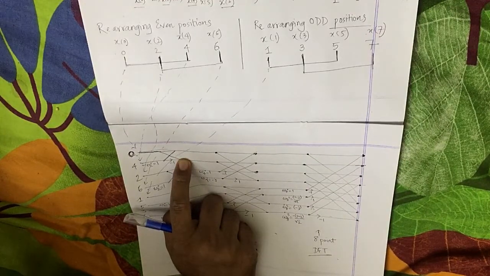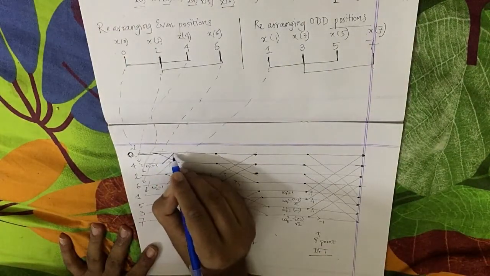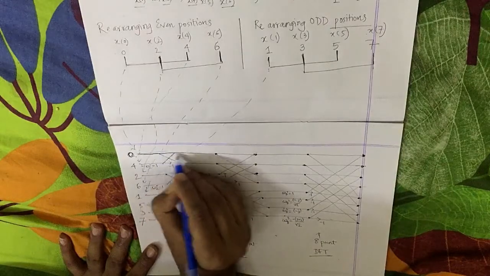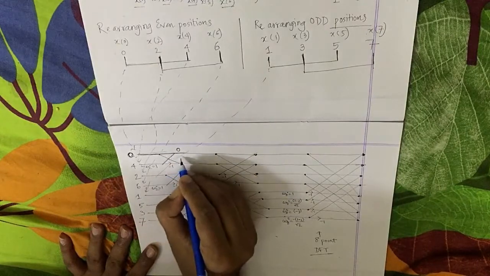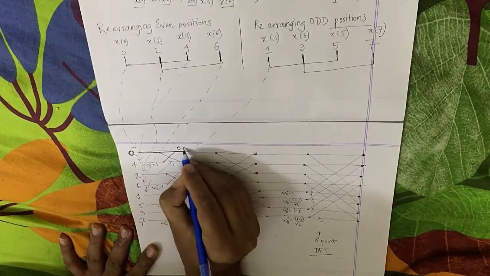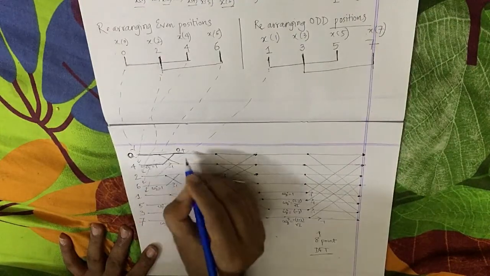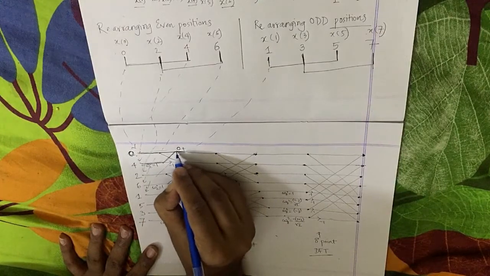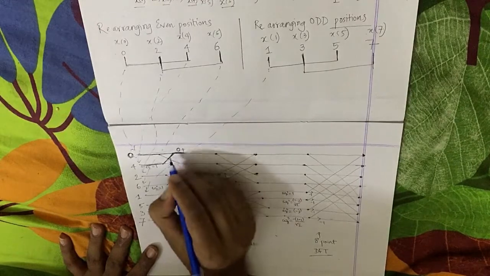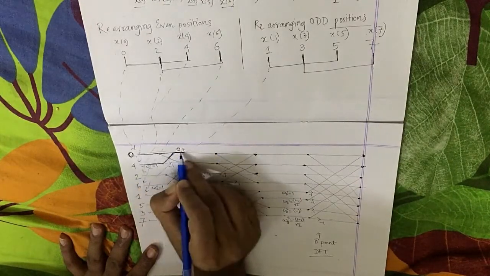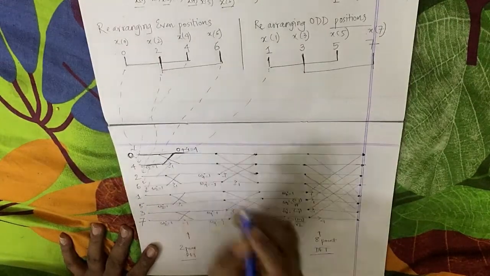In this one, this 0 goes straight here, and from this place plus 4 is getting added. Here you see this 4 goes here and goes like this. So this 0 goes straight and then gets added with this 4 in this line. So we will have 4 here.